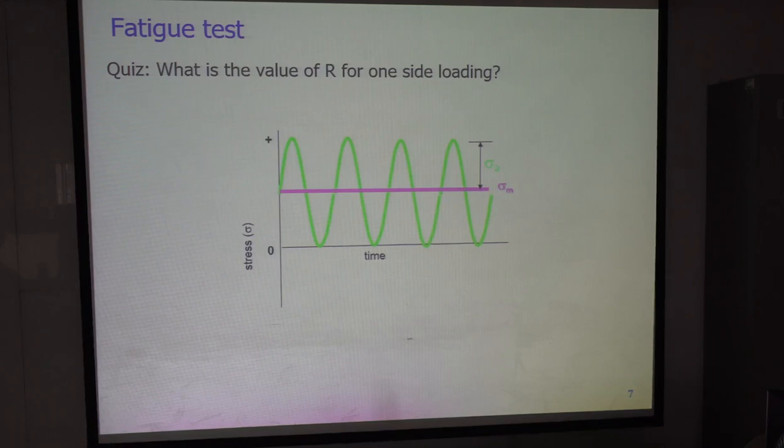Okay, what's the R value for this case? 0. Okay, correct. Because the minimum stress is 0. The maximum stress has some positive value. So 0 divided by some positive value should be 0. Okay, so do you get it? Okay, next page, please.